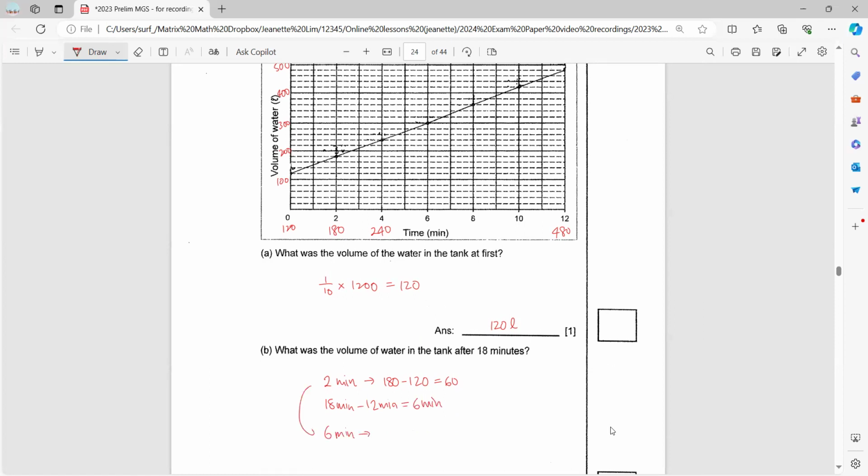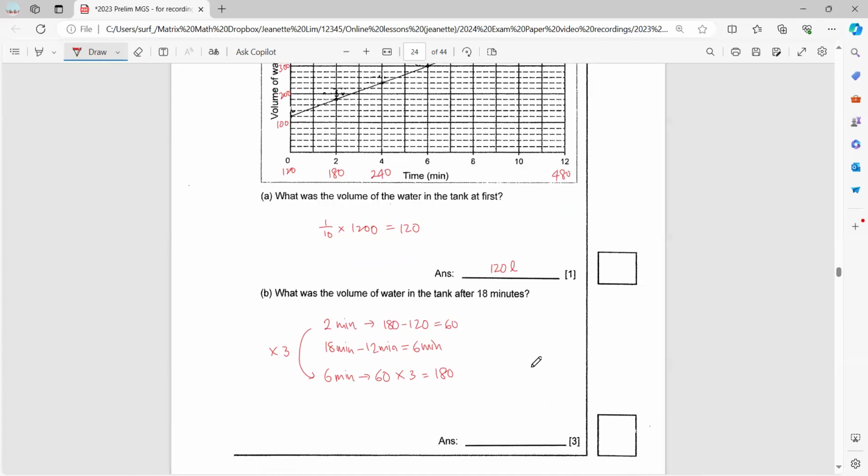From here to here, we times 3, not times 6. So 60 times 3 is 180. We add 180 to 480. So let's stop at 480. We want 6 more minutes, which is 180 liters. This is 660 liters. Okay, there'll be 660 liters at the end of 18 minutes.